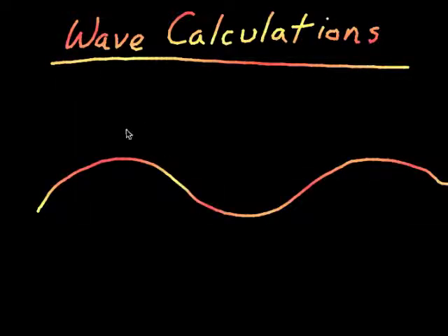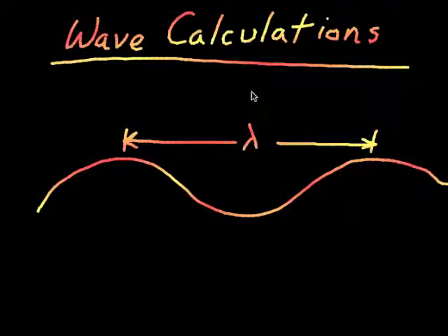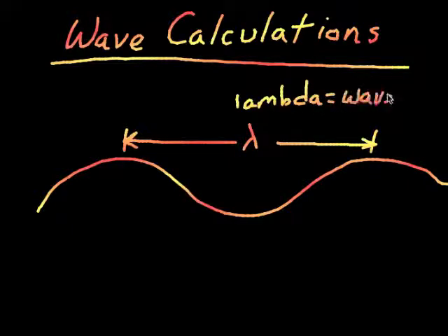So there's a wave, and there's the length of that wave. We use a Greek symbol called lambda to represent this wavelength. So there it is, from crest to crest or from trough to trough of the wave is wavelength.